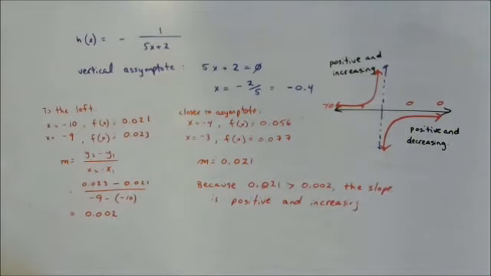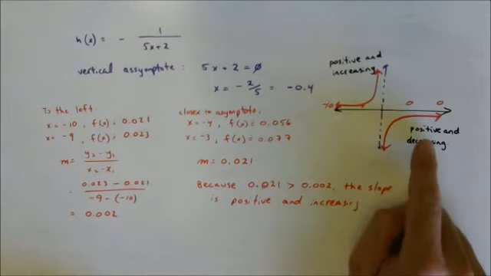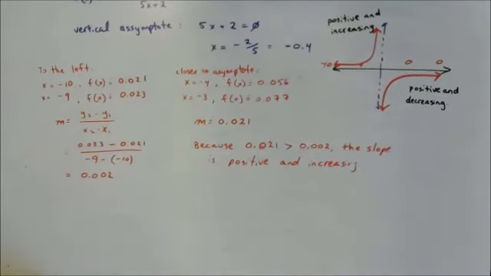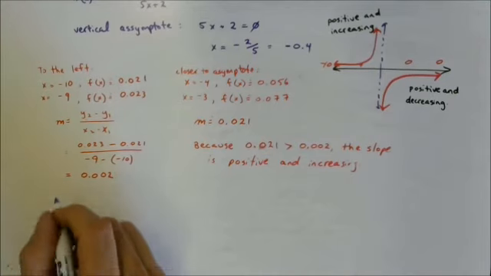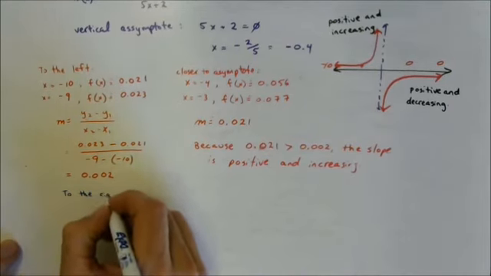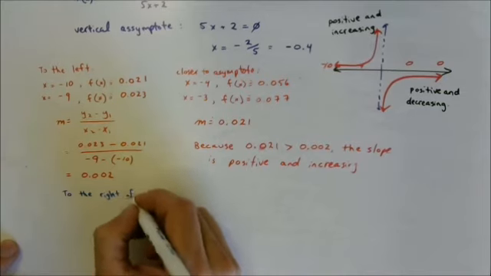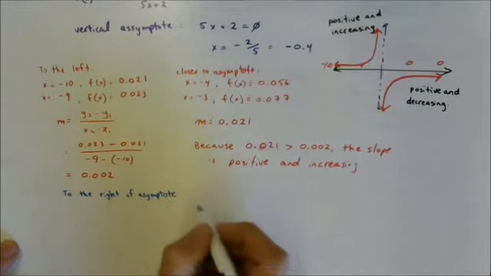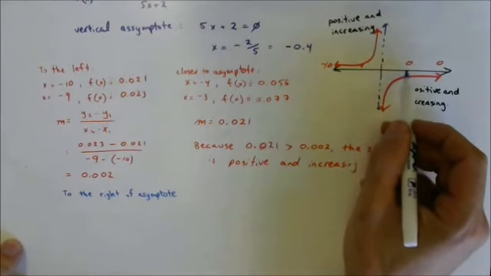Okay? And in order to determine that, we would do the same thing that we did here, but we would pick 2 points to the right of the asymptote. I'm not going to do the whole steps, but to the right of the asymptote, this time we would start with a point just to the right.